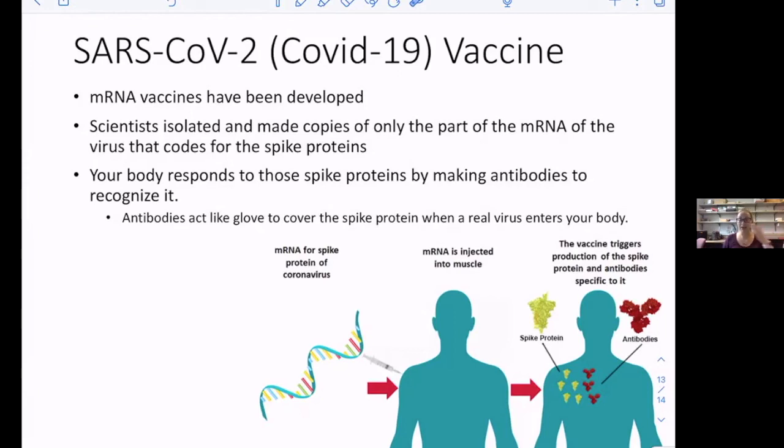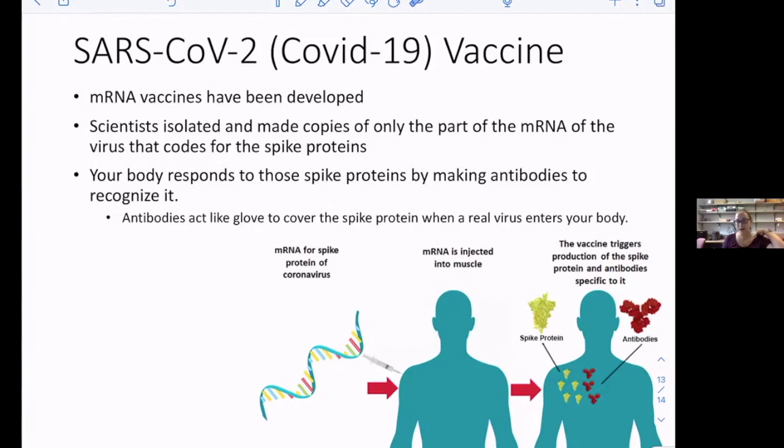So if you have the coronavirus vaccine, your body already has antibodies in its system. So if the actual virus comes in, the antibodies are ready and can cover every single one of the spike proteins on the coronavirus, making it so that the virus cannot infect any cells in your body.